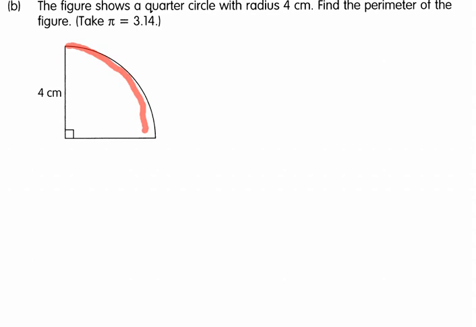Now this part is what fraction of a full circle? A quarter, right? Okay. So if I want to find the length of this, there's a name for this shape here. This is actually called an arc.